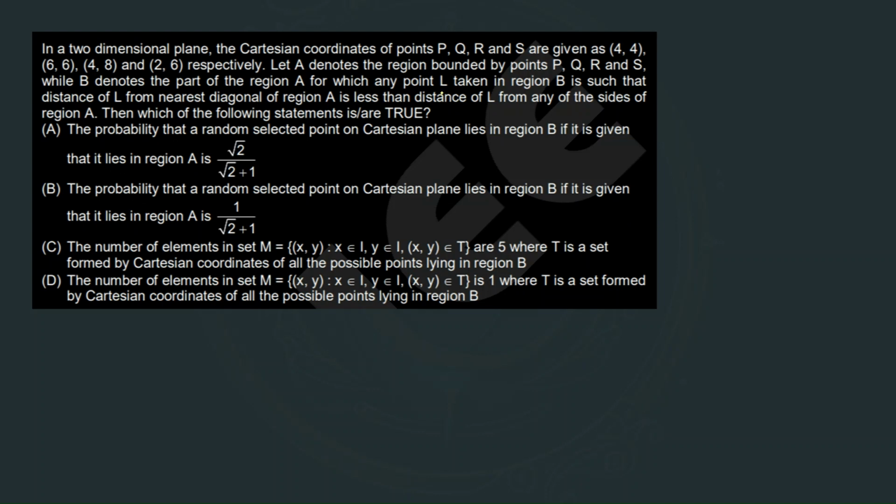Now this question says something about an inequality. What is this inequality? It says that for a randomly chosen point L in this region B, the distance of this point L from the nearest diagonal is less than the distance of L from any of the sides of region A. Any of the sides.